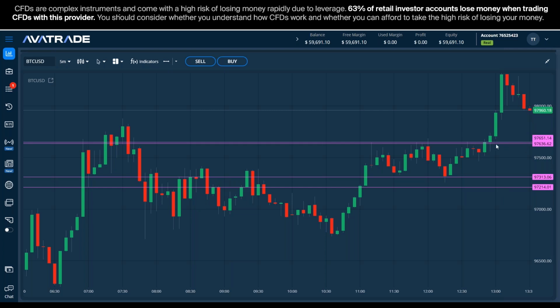If it goes down, breaks this support level, breaks the second support level, and hits this line here, well, then I'm out. I risk less than 1% of my balance with that setup, but I could make a lot more than that, about 5% gain on the account.